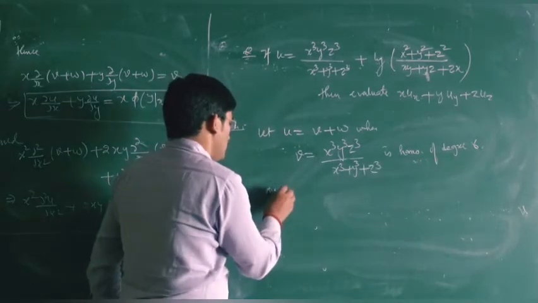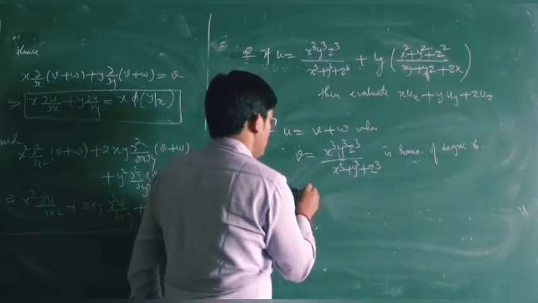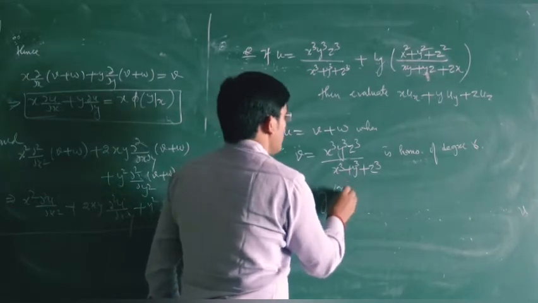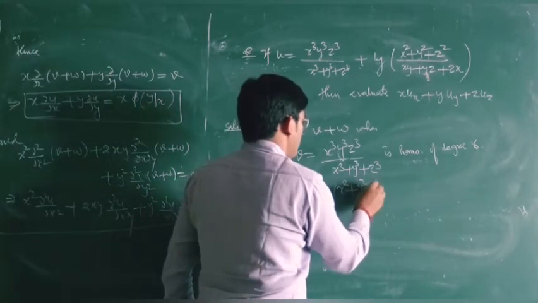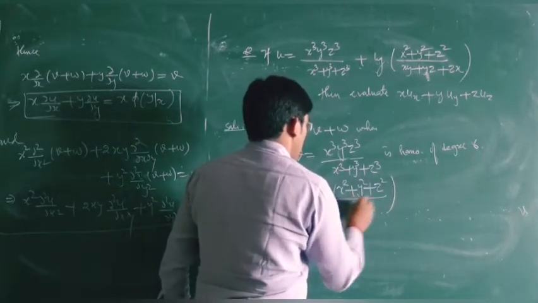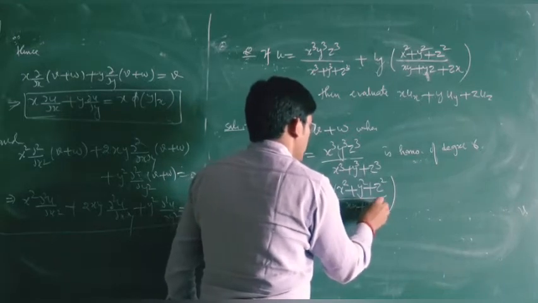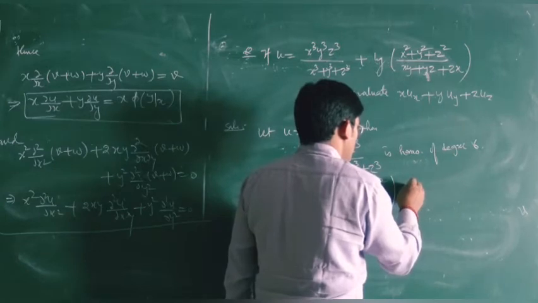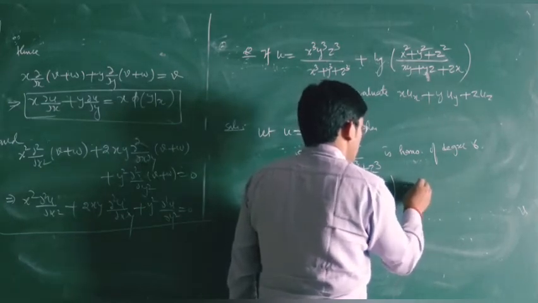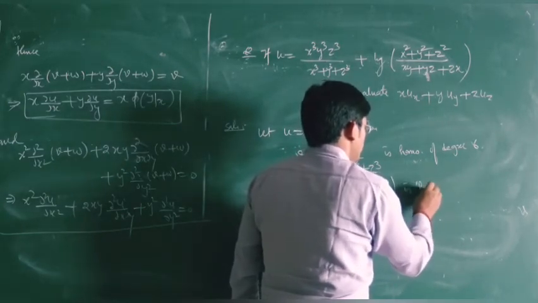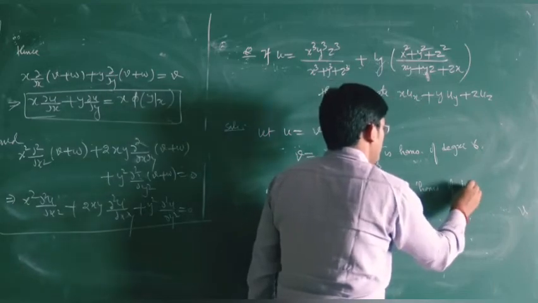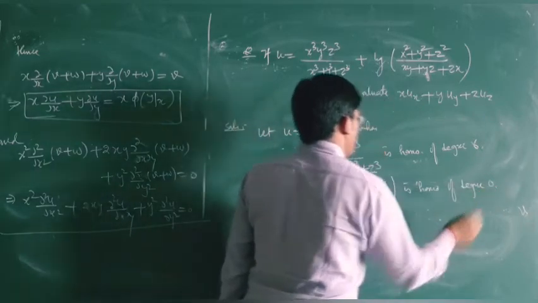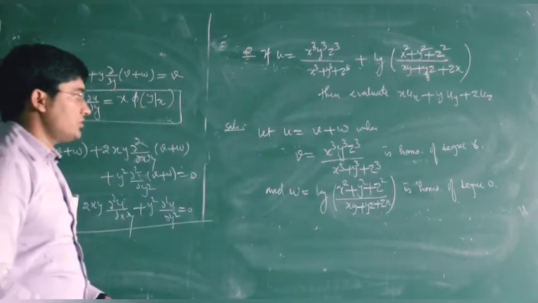And w is equal to log of x square plus y square plus z square upon xy plus yz plus zx. Here the degree is 0, so this is a constant function and is homogeneous of degree 0.